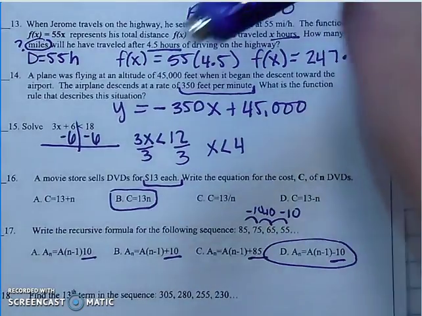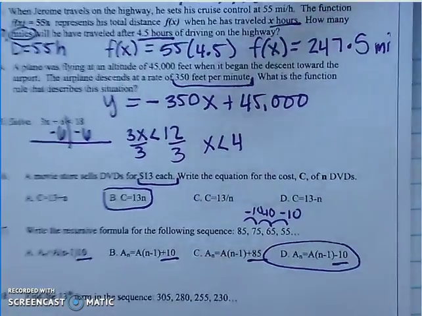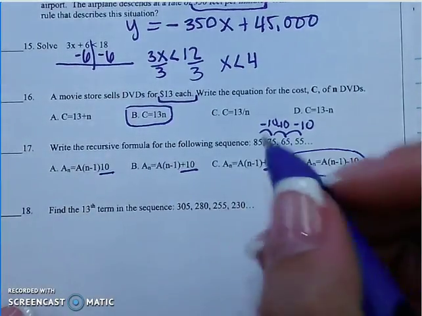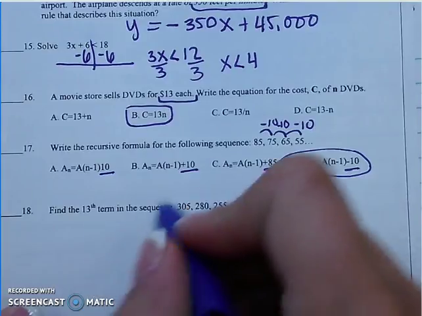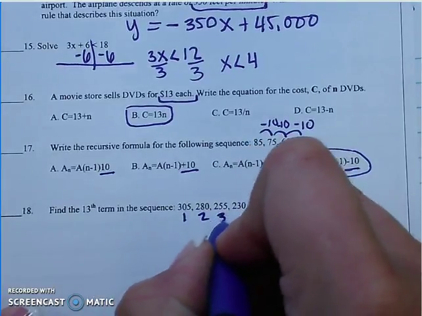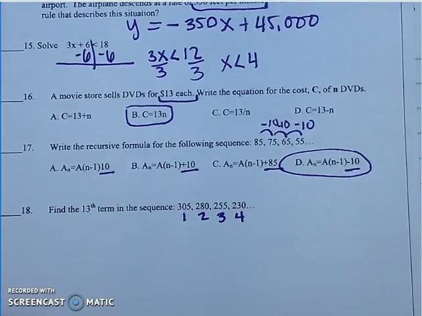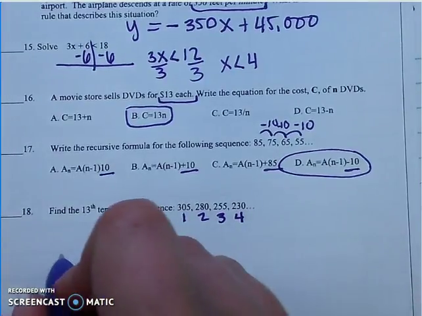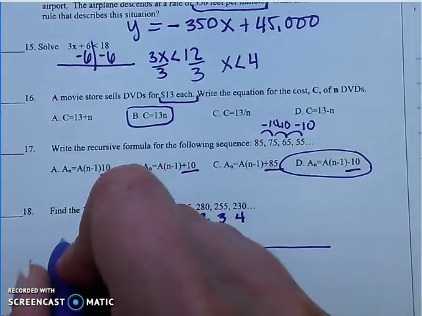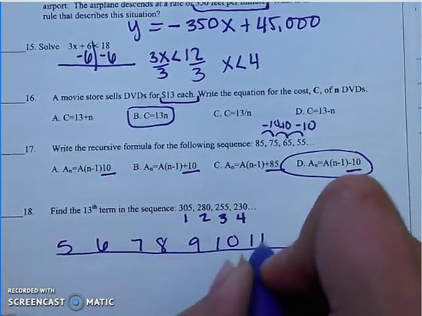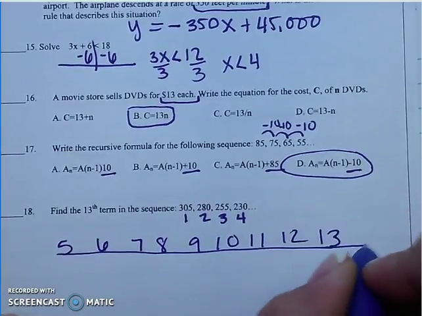18, we have to find the 13th term in a sequence. I'm already given the first, second, third, and fourth term. So what would be helpful to me, since I'm not having to start here, I would set up a table for 5, 6, 7, 8, 9, 10, 11, 12, and 13.